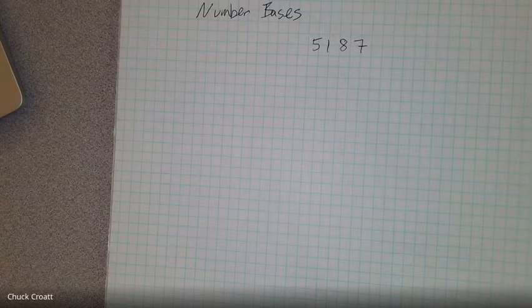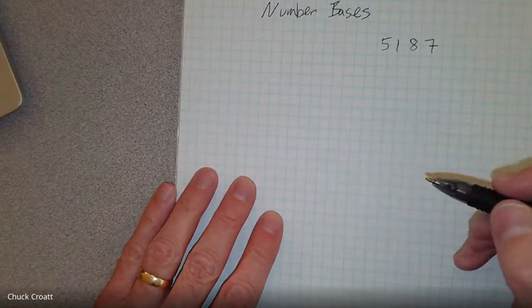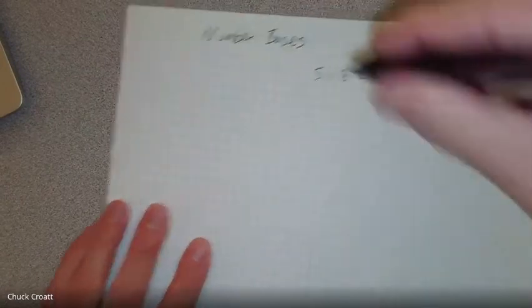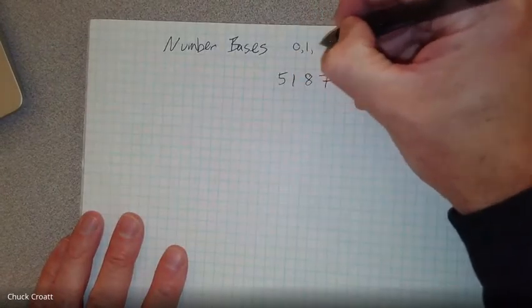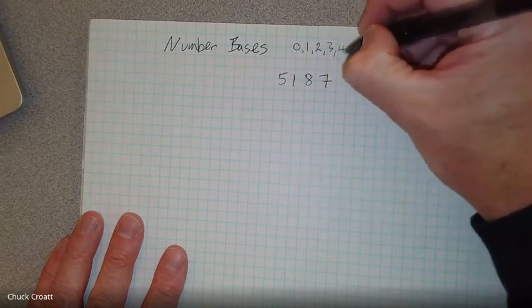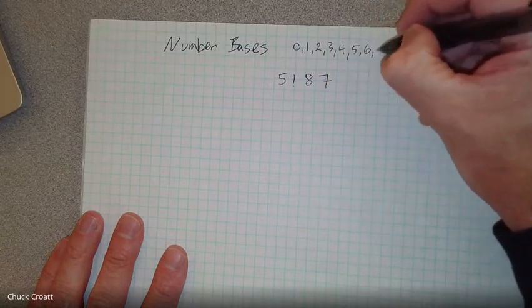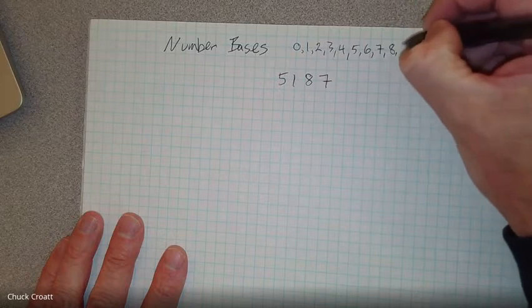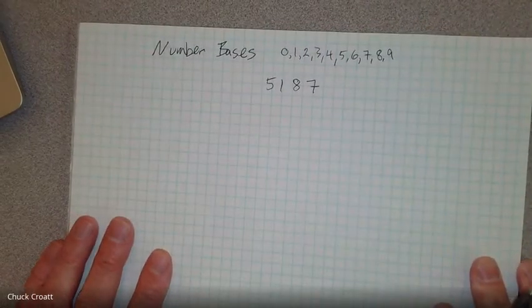So to introduce this, I'm going to start by imagining what if, instead of the 10 digits that we have, 0, 1, 2, 3, 4, 5, 6, 7, 8, and 9, those are our 10 digits.